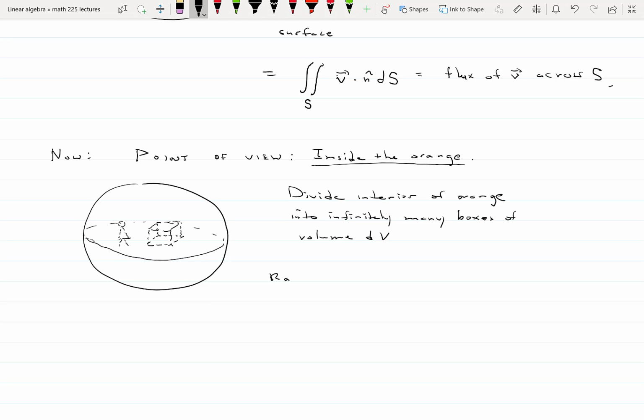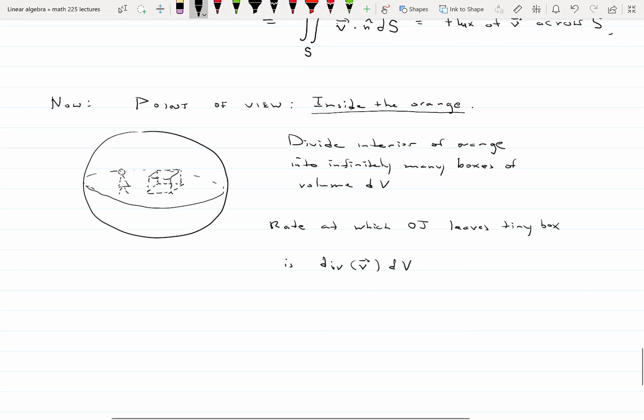So, using our previous example, our only example with divergence, the rate at which orange juice leaves that one little tiny box is the divergence of the velocity times the volume of the box, dV.